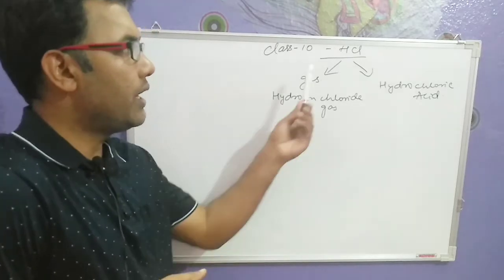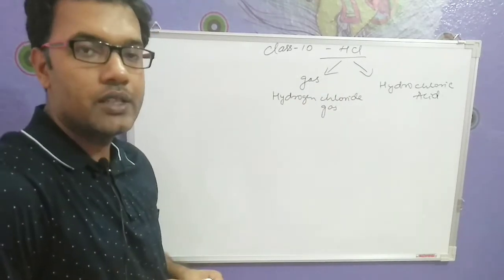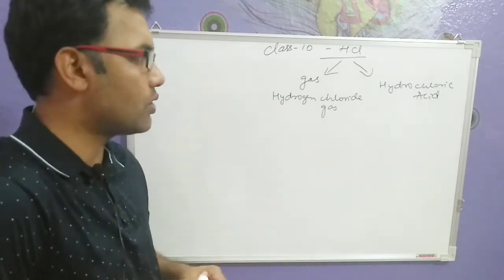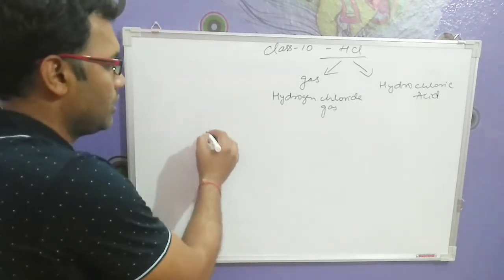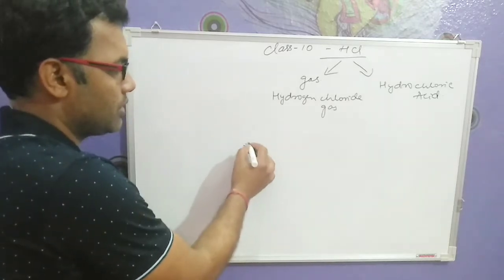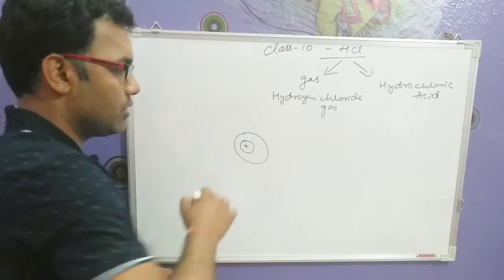We all know HCl is a covalent compound. Why are we saying this? Because covalent compounds are formed when there is sharing of electrons. We'll see the structure for this. For example, if we are taking hydrogen, this is the nucleus for hydrogen, and we'll be drawing the valence shell here.